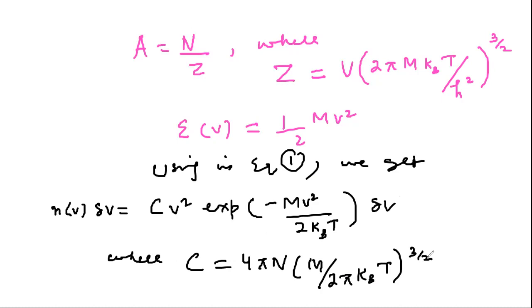Let me check it. N of V delta V is C V square exponential of minus mv square by 2 kbt times delta V, where C is the symbol for 4 pi n times m by 2 pi kbt raised power 3 by 2.